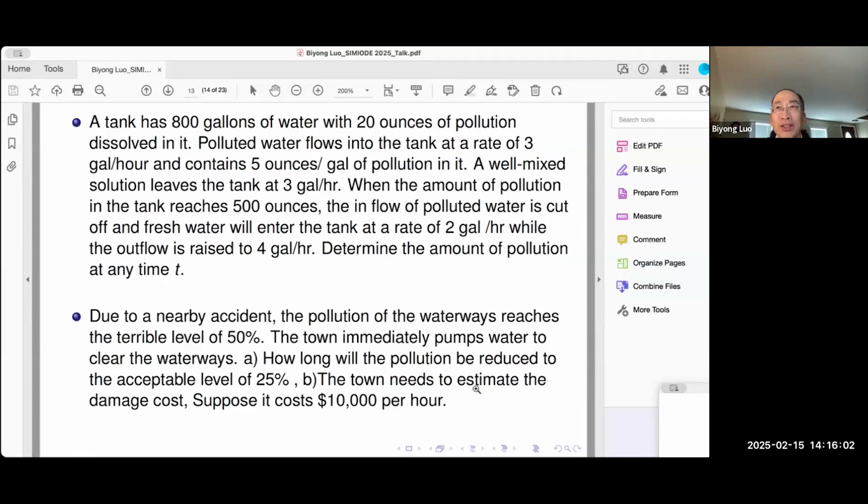When the pollution in that tank reaches a certain level, the administrator will turn off the outside input and use fresh water to clean the tank. Generally, that's part 2.